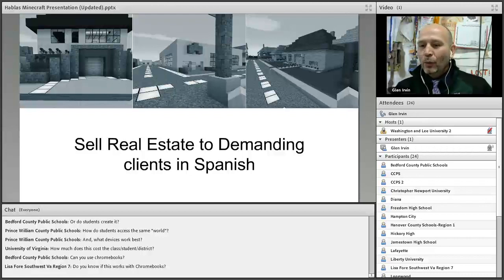So what if you didn't want to create anything and you didn't want to have your students use any of class time, because class time is precious, to be able to create anything? And you're probably in that boat and thinking, okay, I don't want them to have to spend a bunch of time creating things, even if it's after school. You can actually, inside of Minecraft, import other people's worlds.